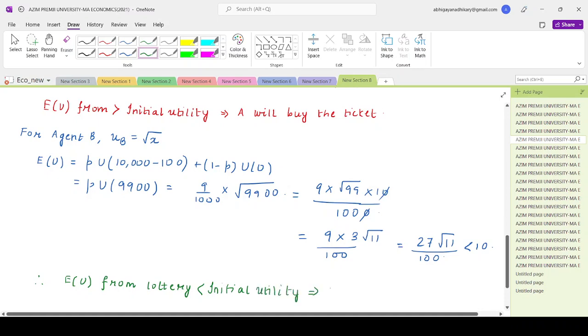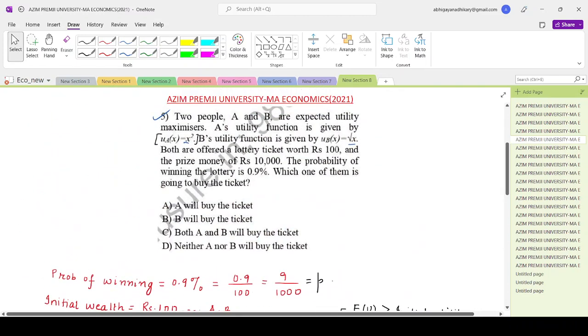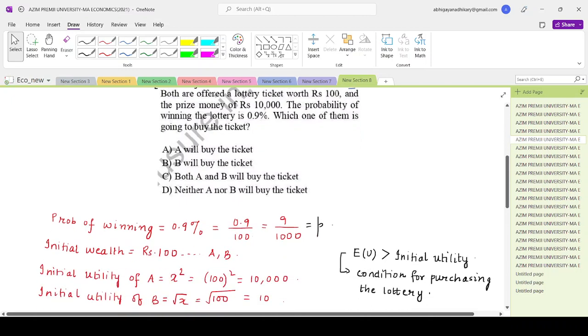So agent B will not buy the ticket. That's your answer. So let's match it up with the options that we have. It is option A. A will buy the ticket only.